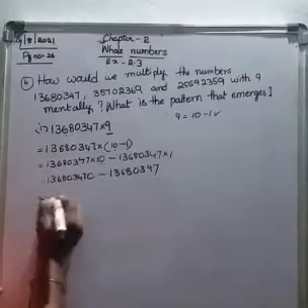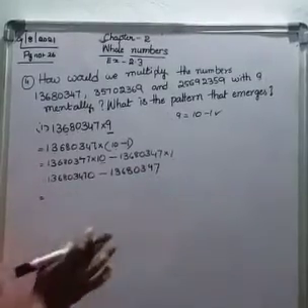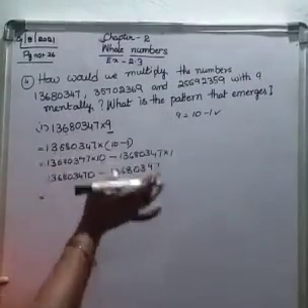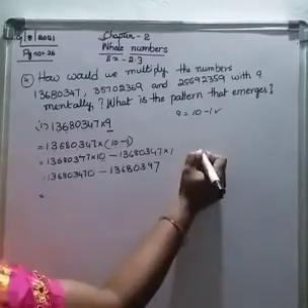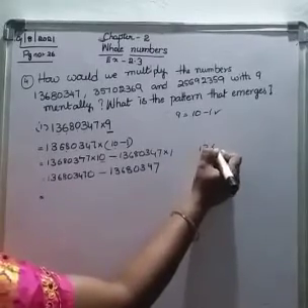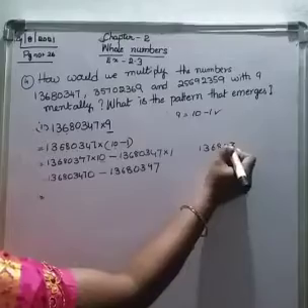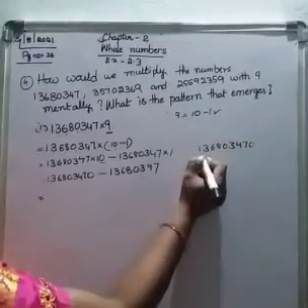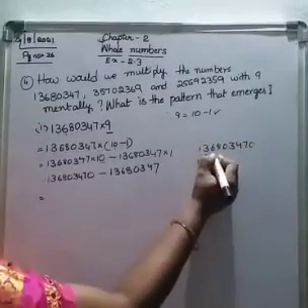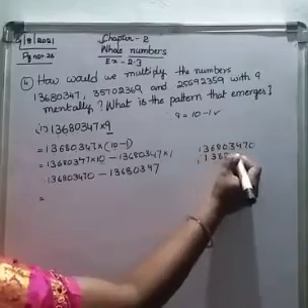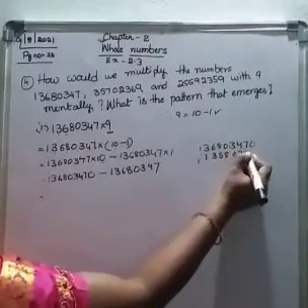Now subtract these two, very easy, no? When we arrange this like, it is very easy to do. 13,680,3470 minus 13,680,347.